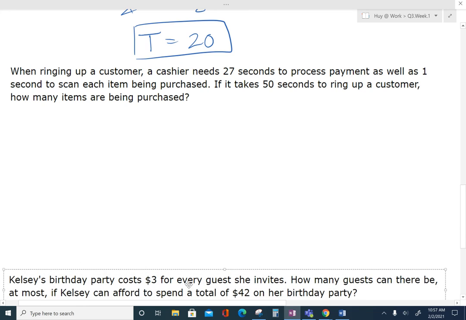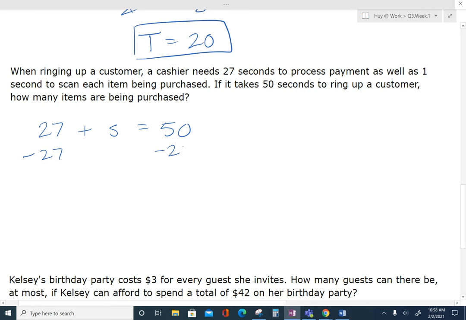All right, when ringing up a customer, a cashier needs 27 seconds to process a payment as well as 1 second to scan each item being purchased. So the cashier needs 27 seconds plus 1 second, so plus 1s, for each item. If it takes 50 seconds to ring up a customer, how many items are being purchased?